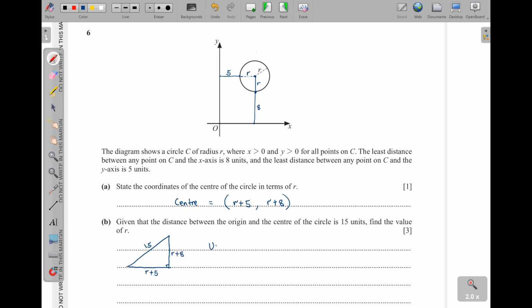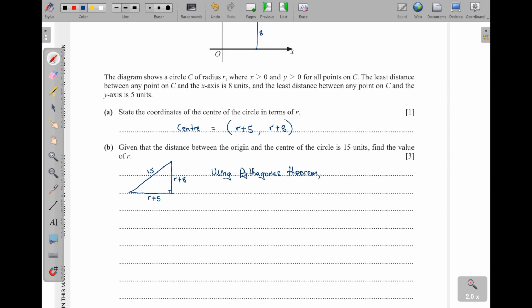So using Pythagoras' theorem, we can say that (r plus 5) squared plus (r plus 8) squared should give us 15 squared.